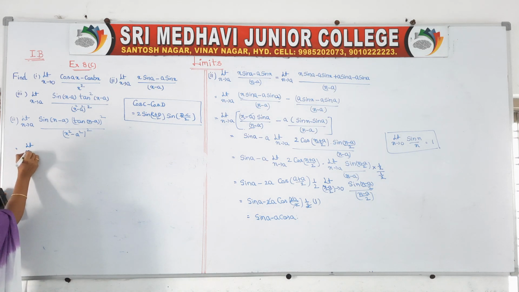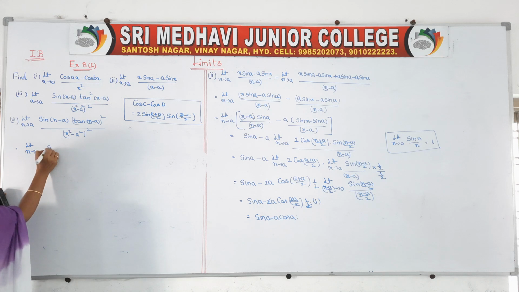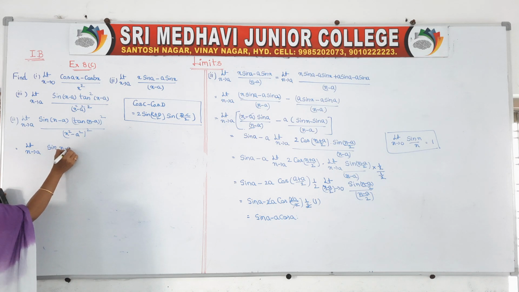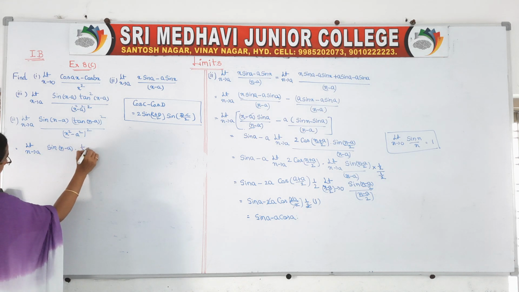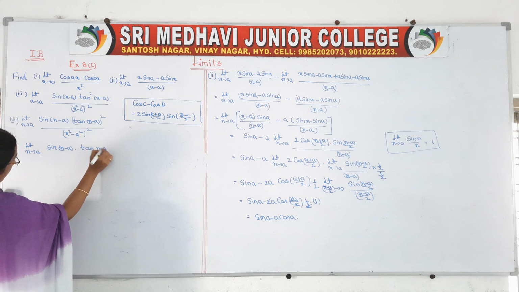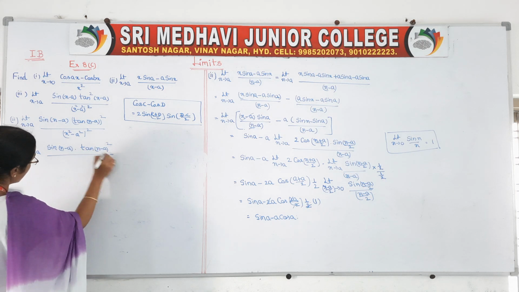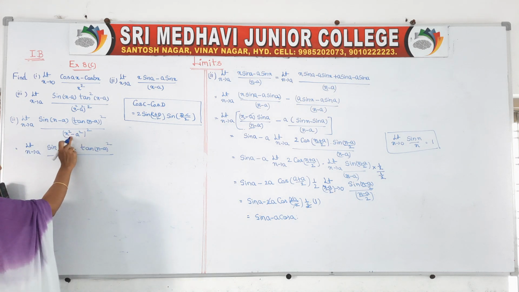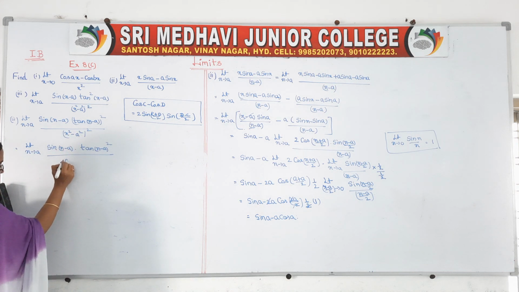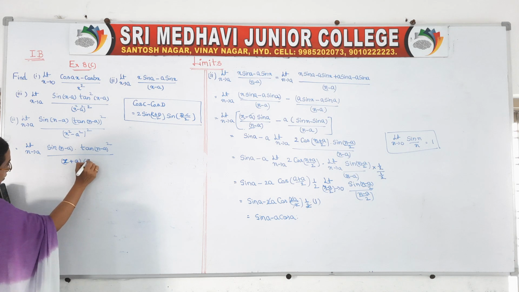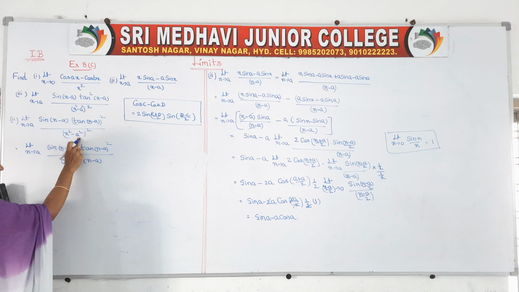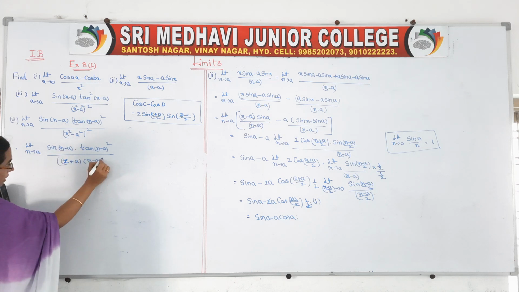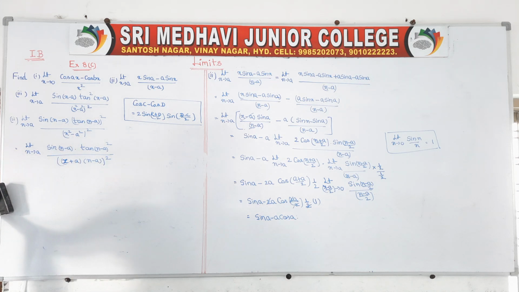So, limit x tends to a, sin of (x minus a) into tan of (x minus a) whole square, by (a square minus b square) whole square, means (a plus b) into (a minus b) whole square. Inside it is x plus a into x minus a. This is x square minus a square, for that we are having whole square.